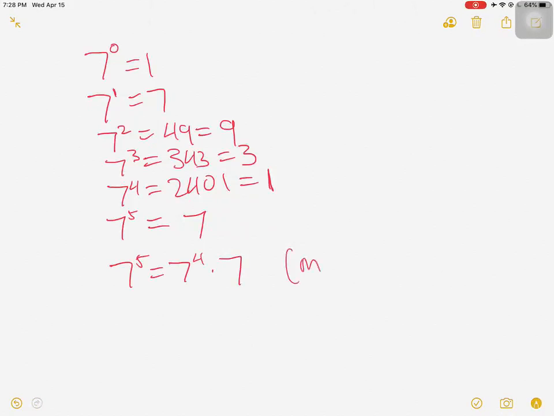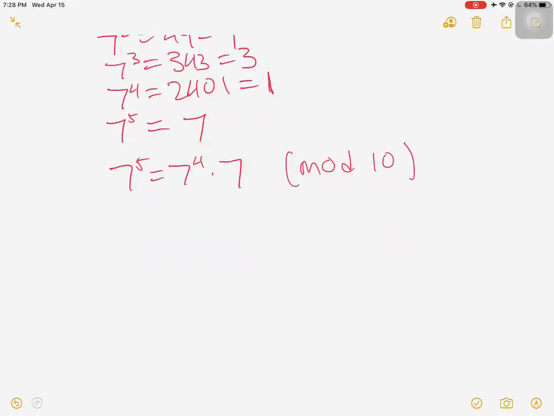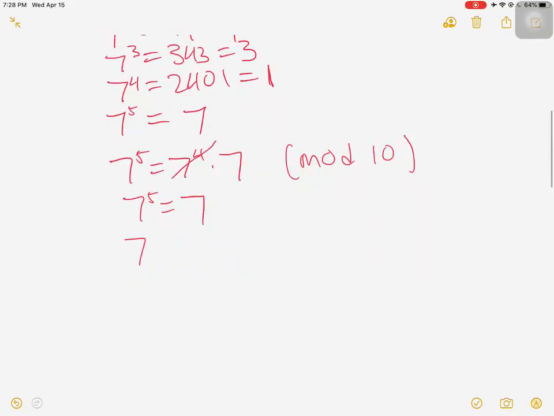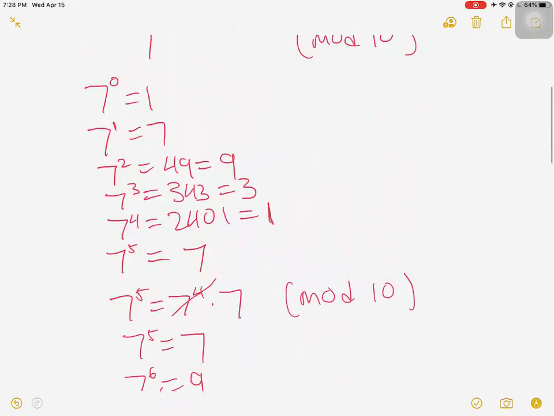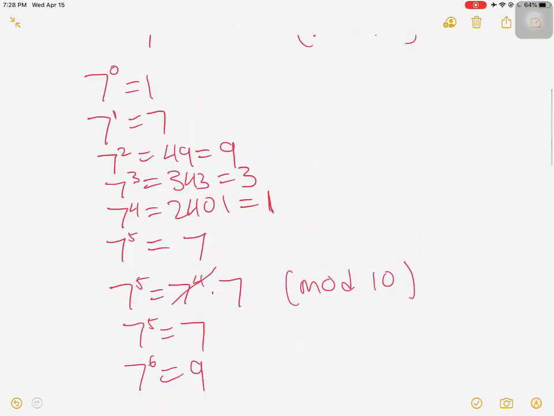So if we take this mod 10, the 7 to the 4 is simply equal to 1. So we can cancel that out and we get 7 to the 5 is equal to 7. And we can easily see 7 to the 6 is also equal to 9. And we can see that it repeats in cycles of 4. It goes 1, 7, 9, 3, 1, 7, 9, and so on.